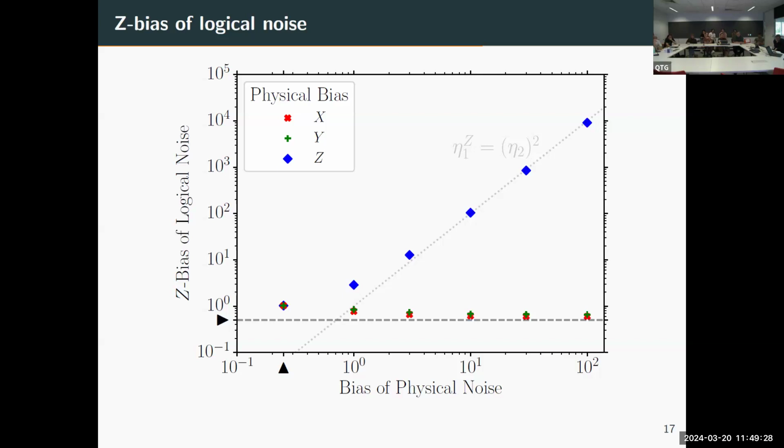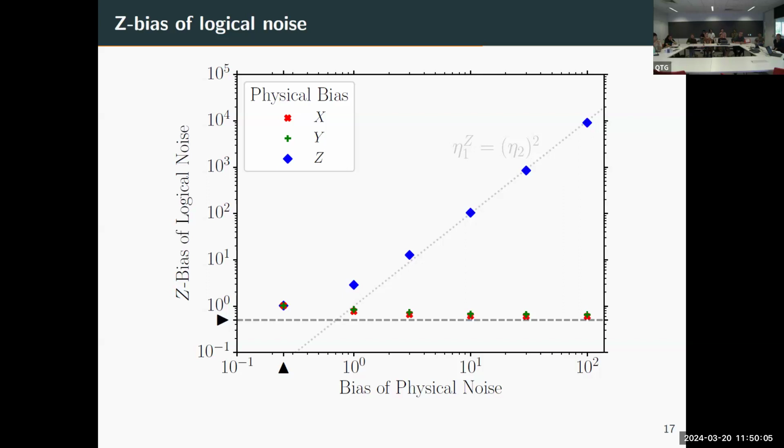If you assume that Z physical noise is occurring at some biased rate, the most likely terms are going to be the two-fault terms. Then the most likely two-fault term is when two Z errors occur, and for the distance of the Steane code, if it's two-fault errors, these will be corrected into a logical Z failure. And so you see this quadratic scaling from your physical bias to your logical bias. It's very much related to the distance in that way.